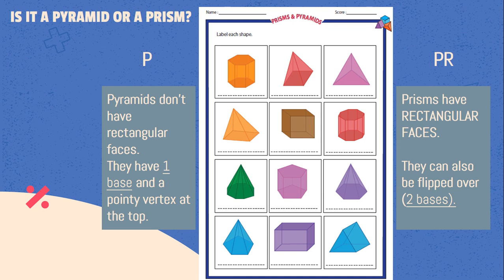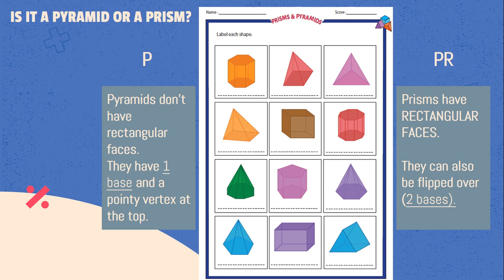So, as I said, we are actually not going to be talking today about the shapes the way we know them. We are actually going to be seeing if things are pyramids or prisms.